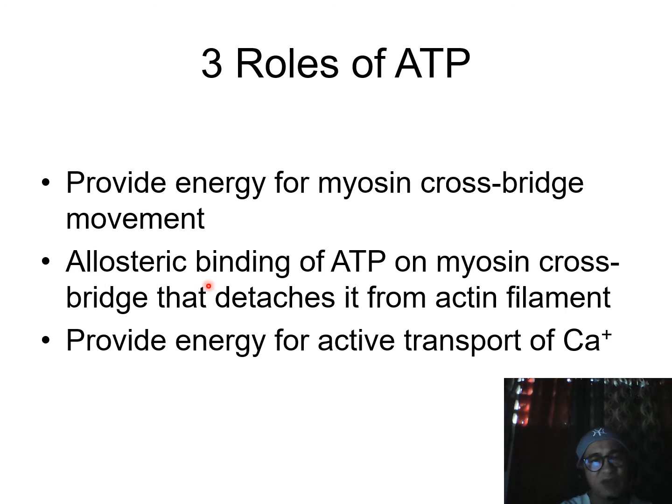ATP also provides allosteric binding of myosin cross-bridge that detaches it from the actin filaments. And lastly, ATP provides energy for the active transport of calcium at the end of muscle contraction, so that the calcium can return to the sarcoplasmic reticulum, ready for another round of muscle contraction.